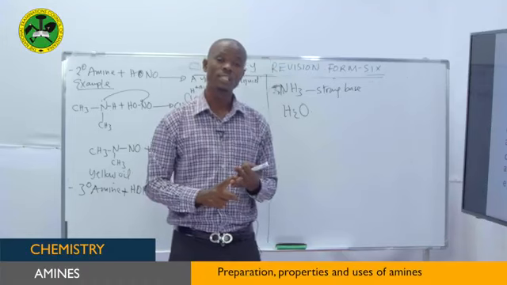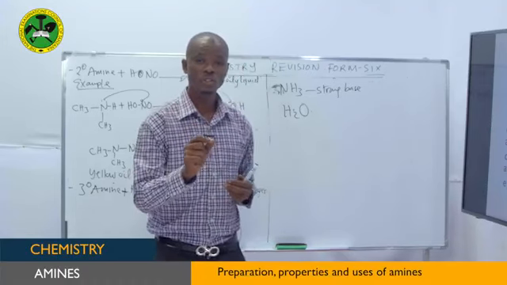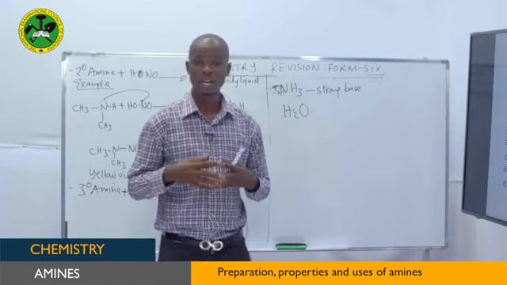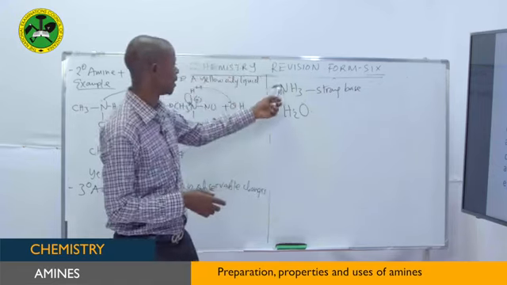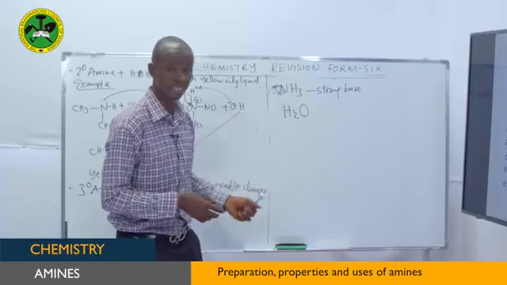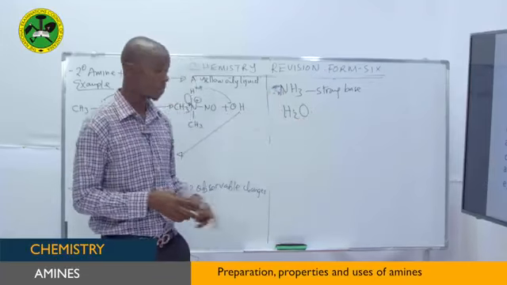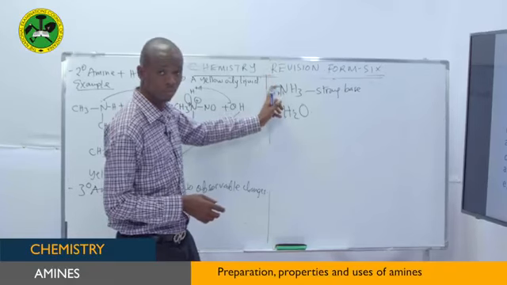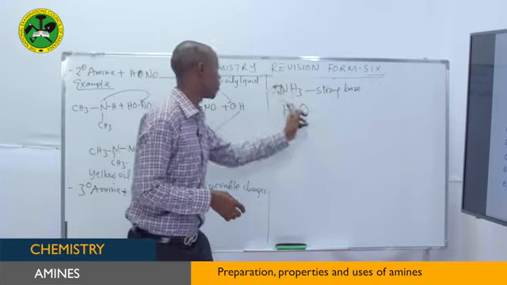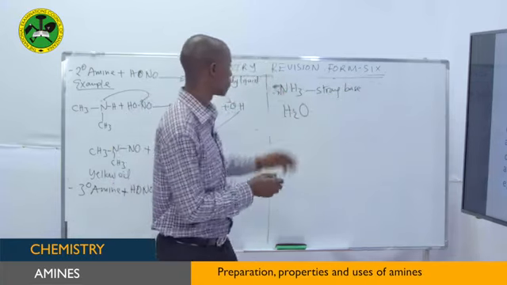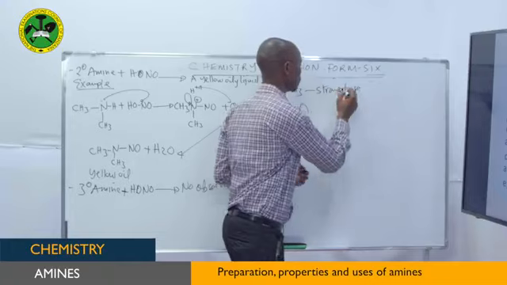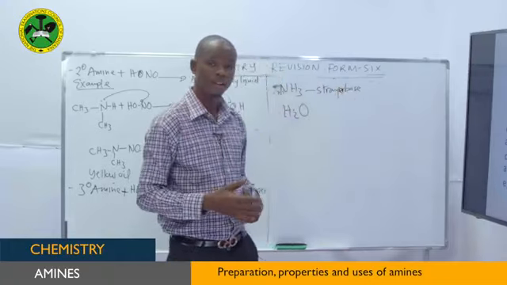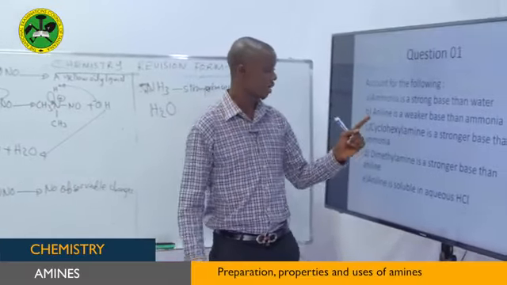But also, it depends on the electron donating atom containing the lone pair in that particular compound. So if you look here, the nitrogen atom is less electronegative as compared to the oxygen atom. Therefore, the nitrogen atom is the more electron donating atom. This reason makes ammonia the stronger base as compared to water. That is a very good reason to explain that particular part. Coming to the second question here.